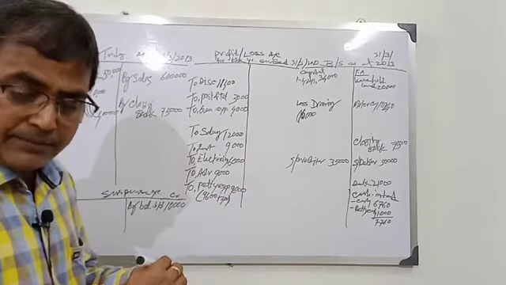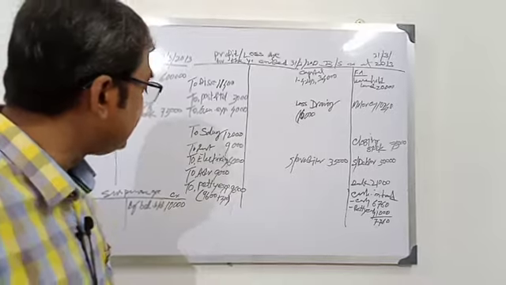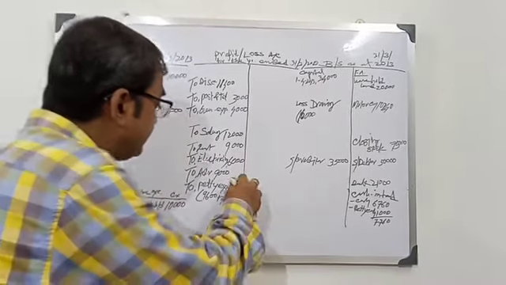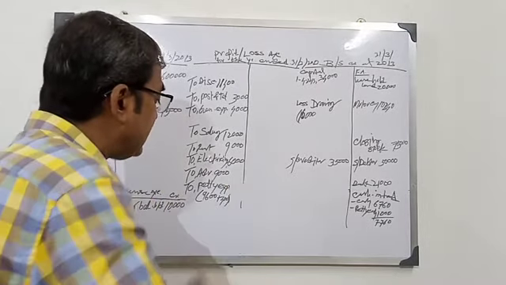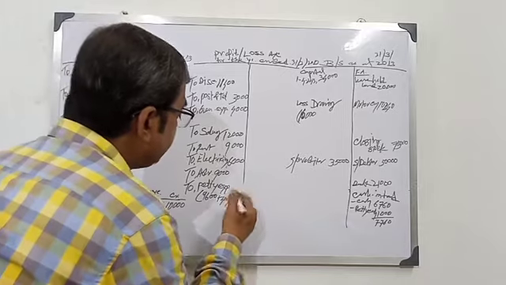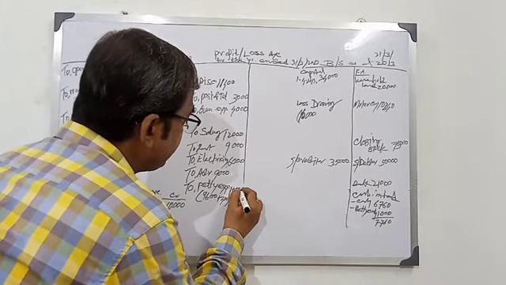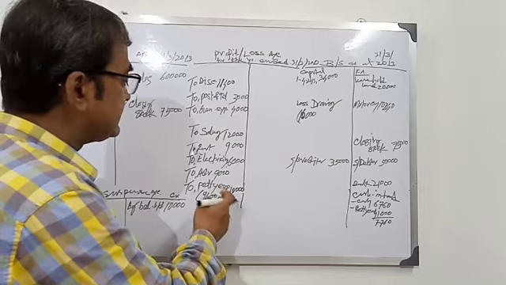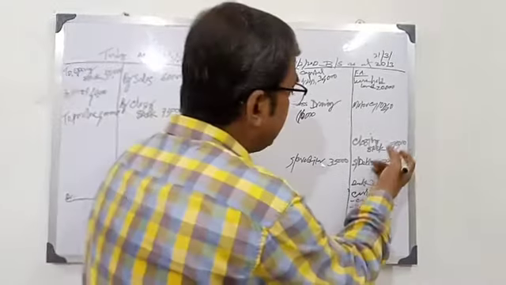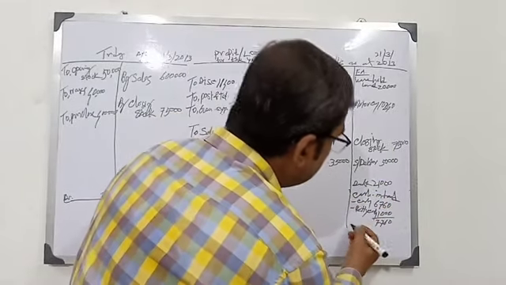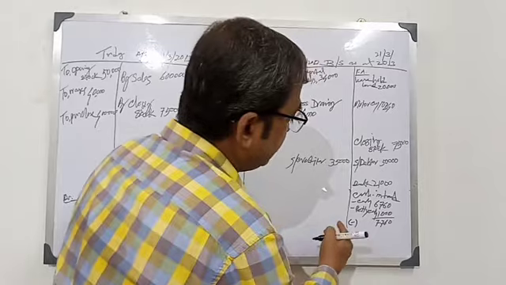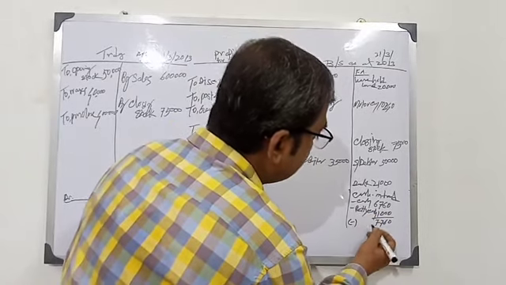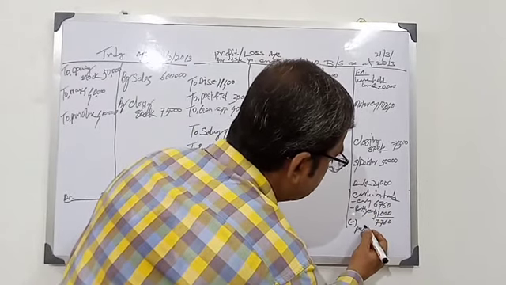This 9,600 should be plus 400, so it should be 10,000. So my petty expenditure is 10,000. This is debit, and cash in hand less. This is less petty expenses.